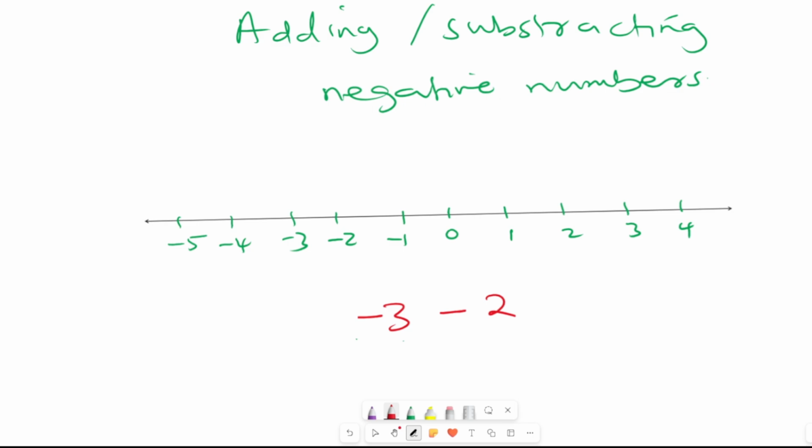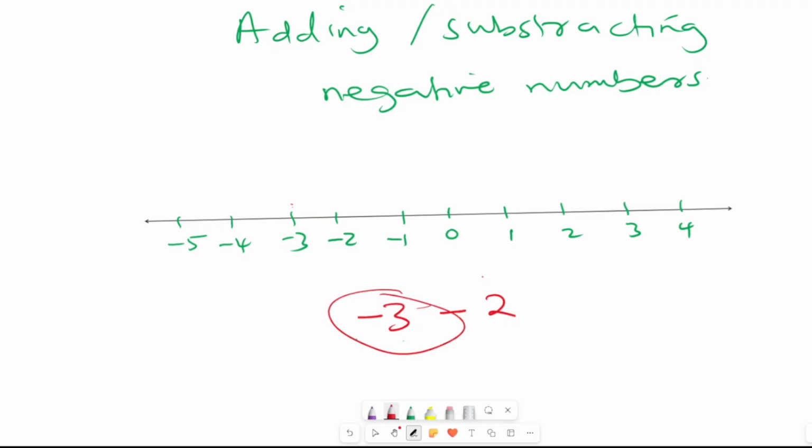How do we do it? We have two options. We can either stand on -2 and move 3 steps into the negative zone, or we can stand on -3 and move 2 steps into the negative zone. Either way, we'll get the same answer.